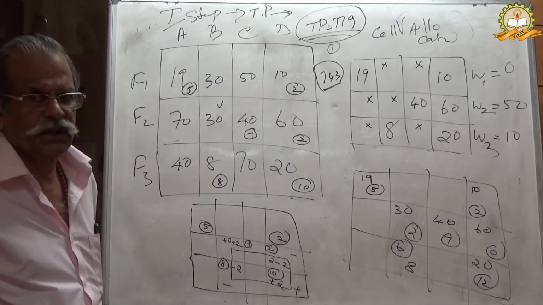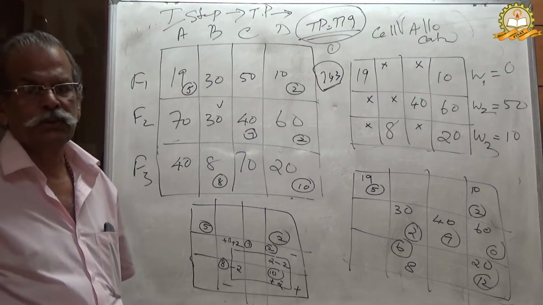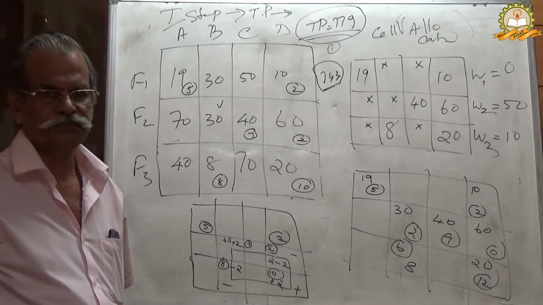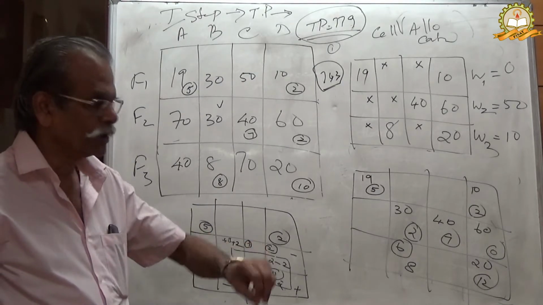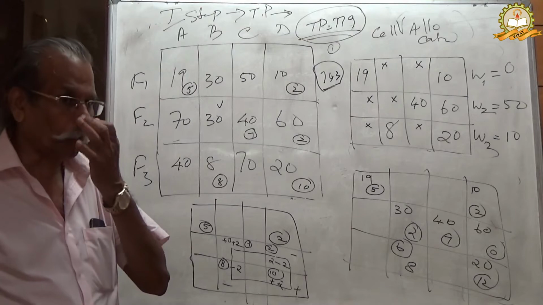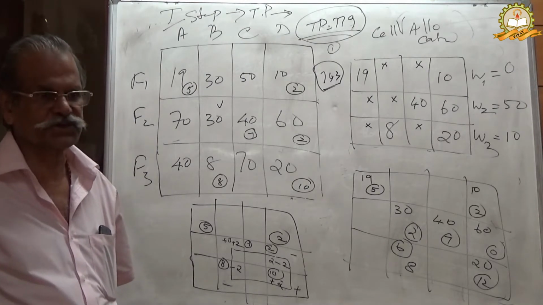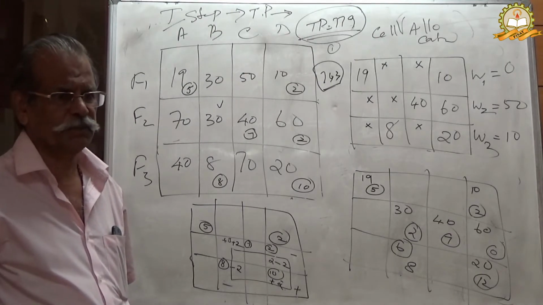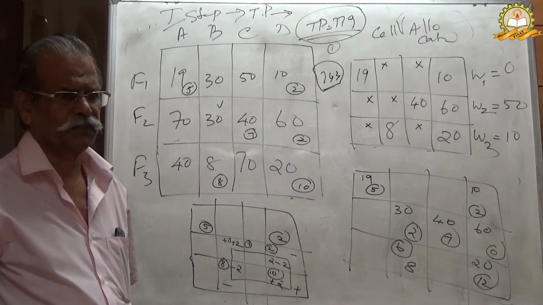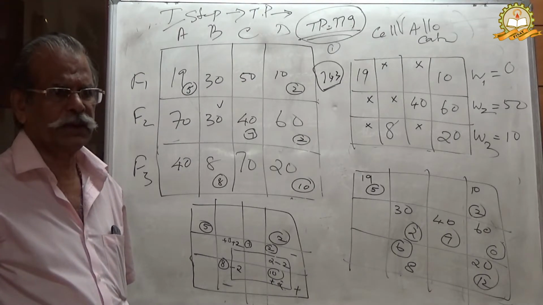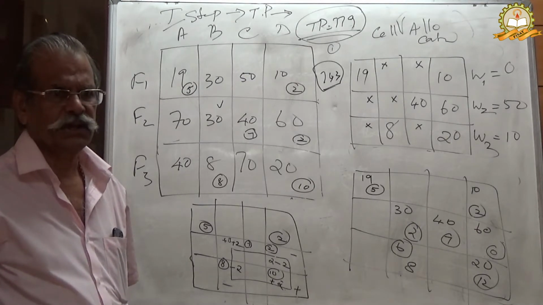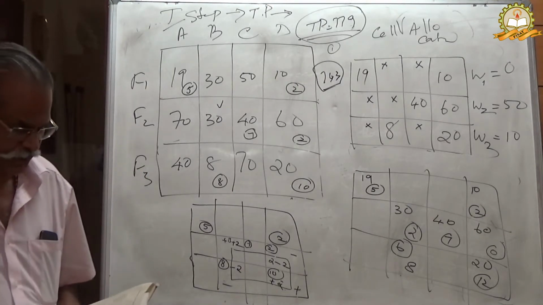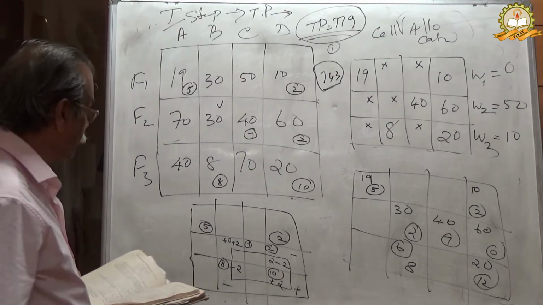You obtained a reduced value 743. Therefore, you can write again, this can be the minimum transportation cost. Hence, we have to again test its optimality.